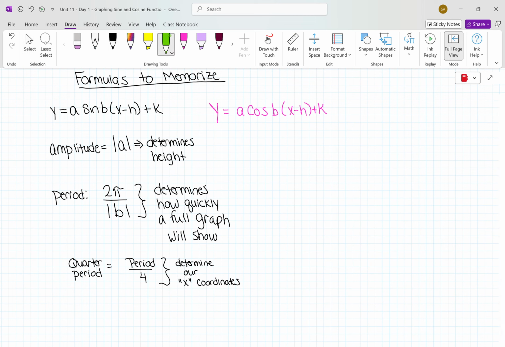And the last thing I'm going to write under formulas to memorize are our key points or key values. So key values for sine of theta, we said we're going to be 0, 1, 0, -1, 0.